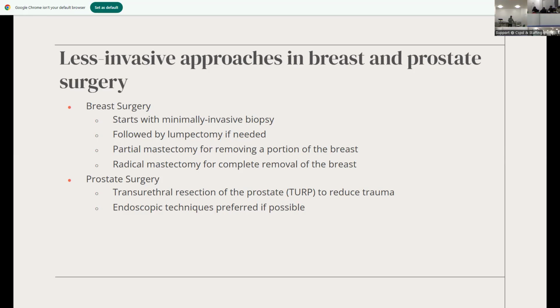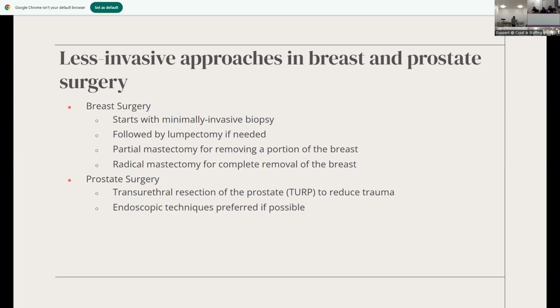That's different. Okay. So start with minimally invasive biopsy, followed by lumpectomy. It means they're going to cut open and take out something, right? If needed, partial mastectomy, which means they're going to cut part of the breast. It's very simple.